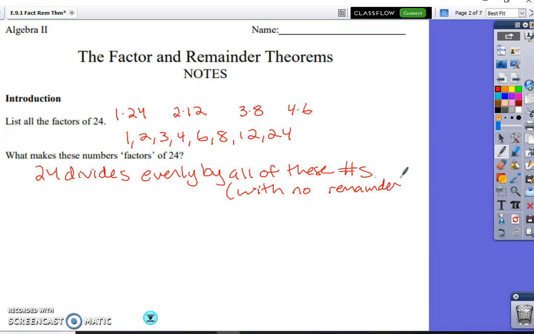This is the idea that we're going to use going forward, because we're going to be taking yesterday's lesson of synthetic division and putting it together with today's lesson of factor and remainder theorem, understanding that something is a factor of another thing if it divides evenly in with no remainder. We talked about our remainders yesterday with synthetic division, so that's what we're going to be looking for.